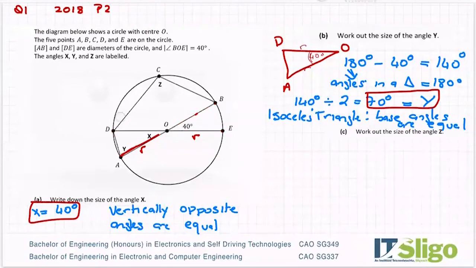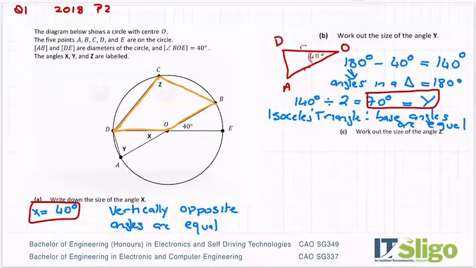So finally with the angle Z. I clear off the diagram again, because this time I want to draw your attention to the four-sided shape here inside a circle. It's called a cyclic quadrilateral. Quadrilateral is a four-sided shape. Cyclic refers to the circle.